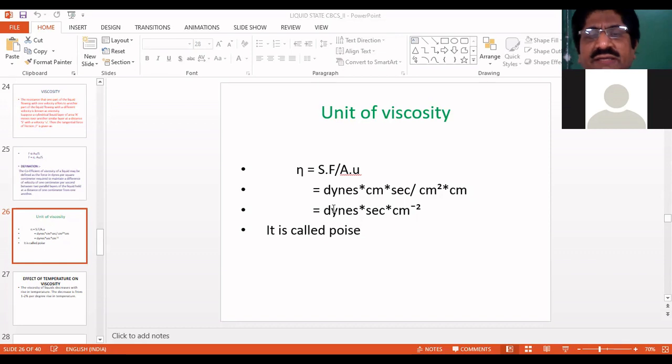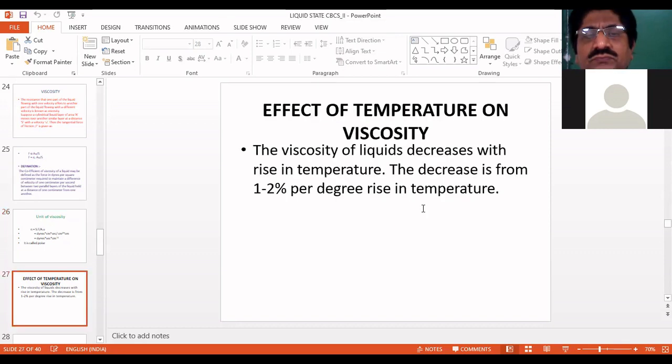I'm just taking a little part of the next topic. Now, effect of temperature on viscosity. In the last class I also told you the effect of temperature on surface tension. Both are important.